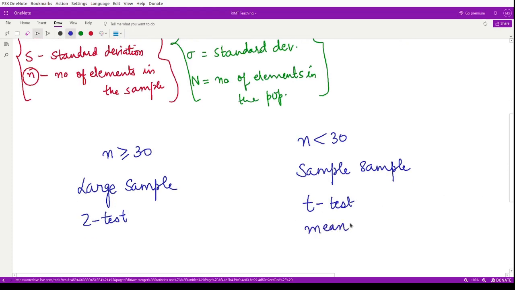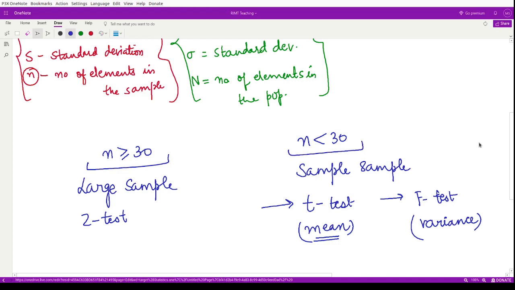That means if we want to check the means of two samples, or the mean of a sample and a population, we go for the t test. Otherwise we go for the f test, which is used to compare variances. You may compare the variance of two samples, or of a sample and the population. This we have already covered.